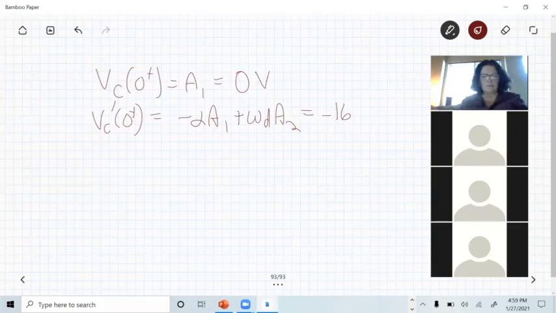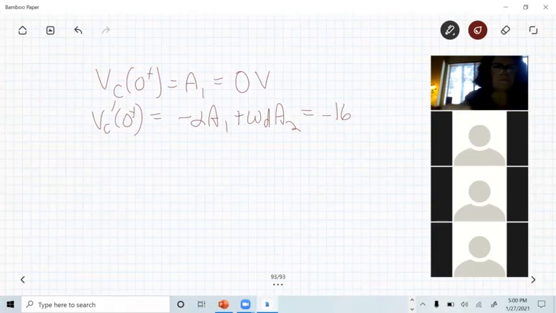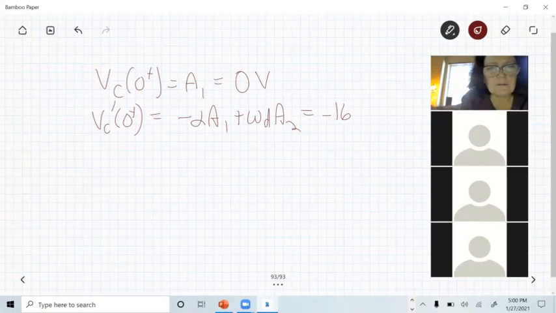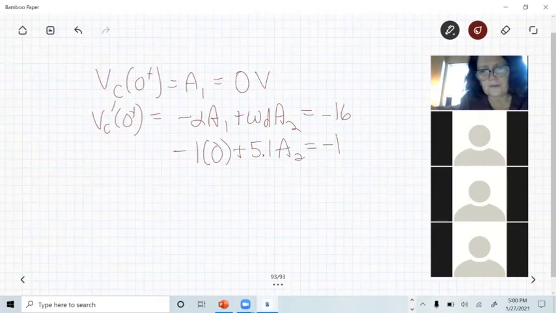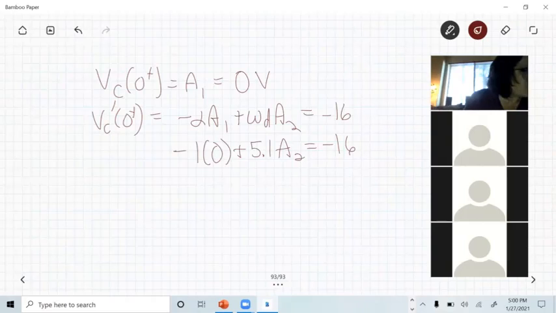We've got a number for alpha and omega D, I hope. Yes, we do. Alpha was 1. I plug that in. A1 is 0. Omega D is 5.1. And A2 is unknown. And that equals minus 16. So we can solve for A2.